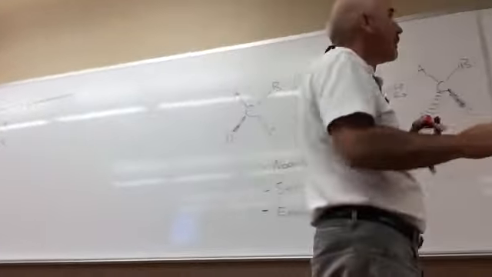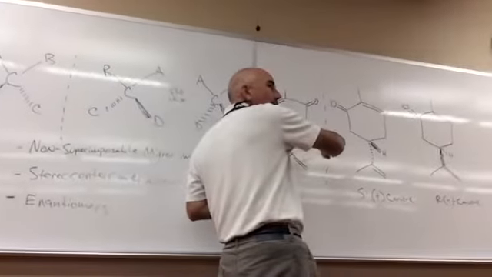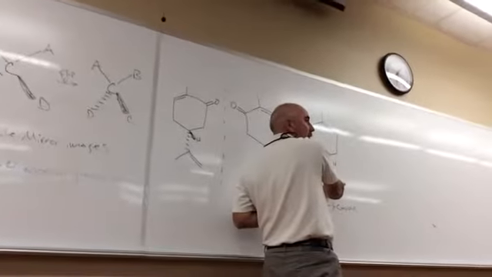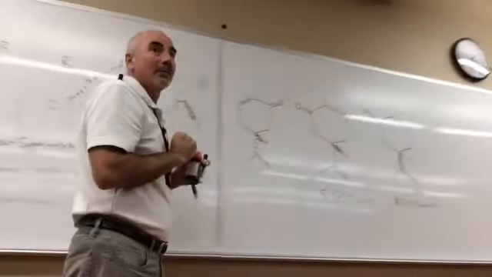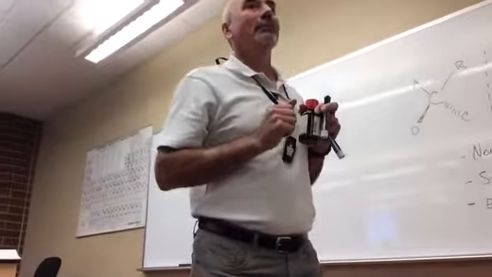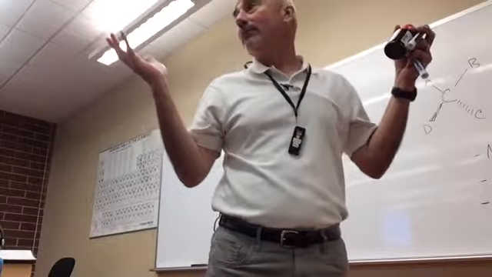If you take this one's mirror image and you flip it over, it superimposes on this. So this is the mirror image of that one. Okay? So they are what?